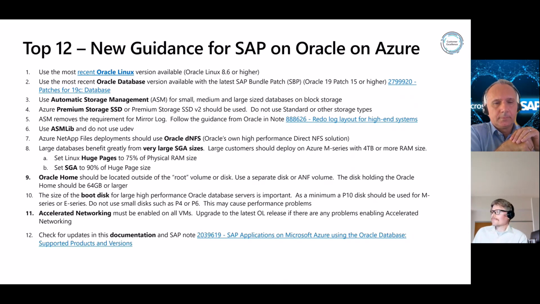With ASM, if we have time, I can even show the commands, but there's a very simple command just to add a new disk in, and ASM will rebalance the data across those disks. So basically in Azure, let's say if they would use a premium storage, they would use multiple disks.